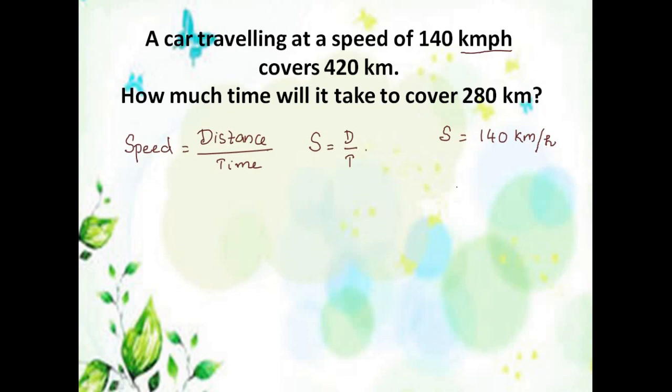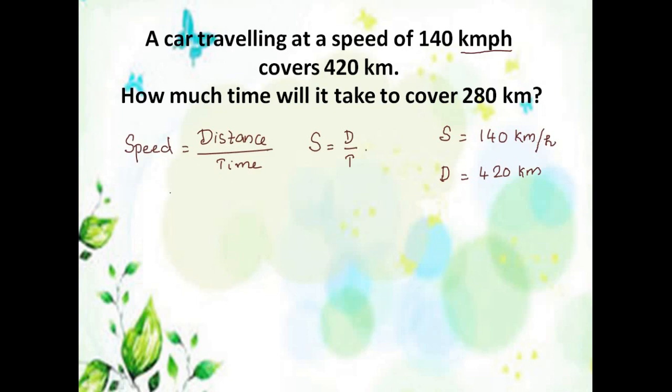Covering 420 km. 420 km means the distance covered is 420 km. So we have the speed 140 and the distance 420. You can use the formula speed is equal to distance by time to find the time taken to cover 420 km at a speed of 140 km per hour.